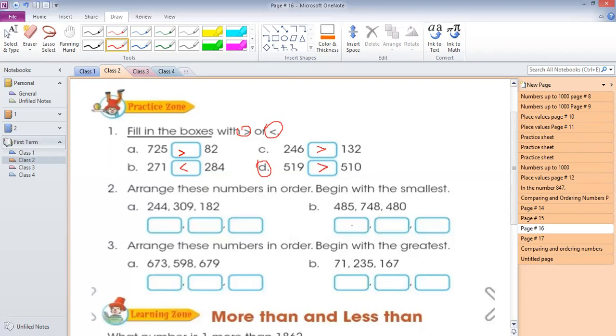Yes, because 519 is bigger than 510, and we should open the mouth of this sign in front of the bigger number. Okay. That's very good. Guys, Azam is saying 519 is bigger than, is greater than 510. That's why we should use this sign.